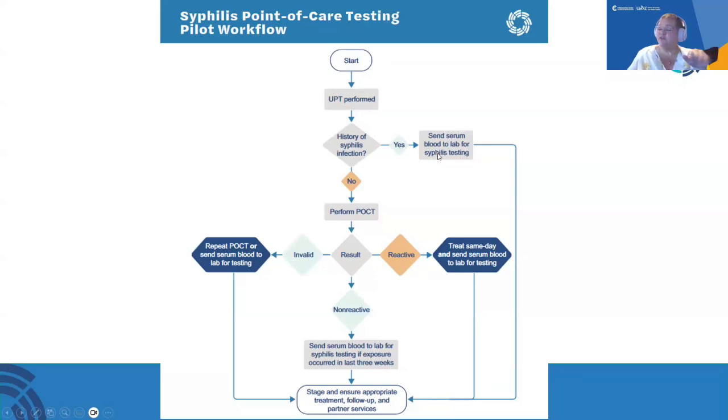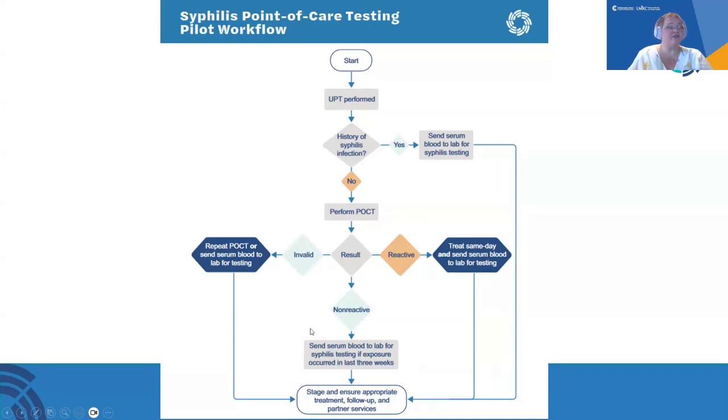If you want to use the reverse screening algorithm, that's fine. If you want to use the traditional, that's fine. Whatever your medical directors wish to do in your clinical setting. If they do not have a history of syphilis, then you're going to perform the point of care test. And then depending on the result, if it's invalid, you can either do another point of care test or you can send off the blood to the lab.